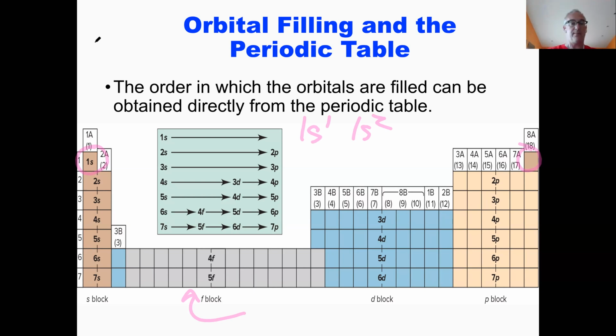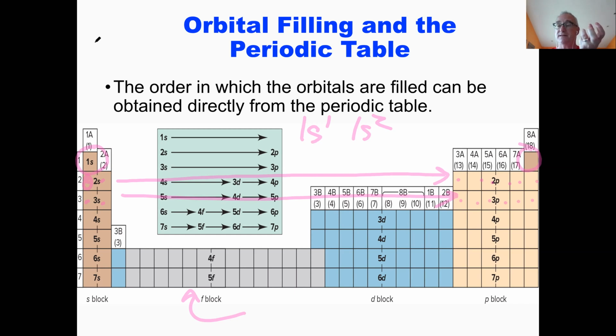Then come all the way around again, starting with lithium, then beryllium, and then we go all the way across. And there's room for 1, 2, 3, 4, 5, 6 more. Then we run out of space and go all the way back. Now we start with s again. Sodium, magnesium, and then go across, and we run into the p group. 1, 2, 3, 4, 5, 6.